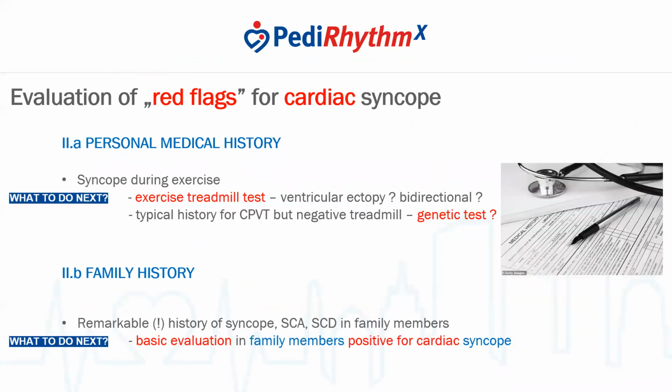If syncope occurred during exercise, it seems obvious to perform an exercise test to look for ventricular ectopy, especially bidirectional couplets or bidirectional VT. If there is a remarkable history of syncope, sudden cardiac arrest, or sudden cardiac death in the family history, affected family members should also be investigated for cardiac syncope.